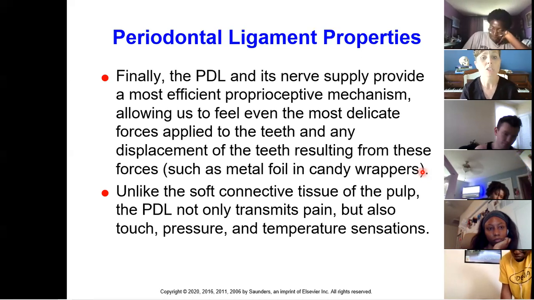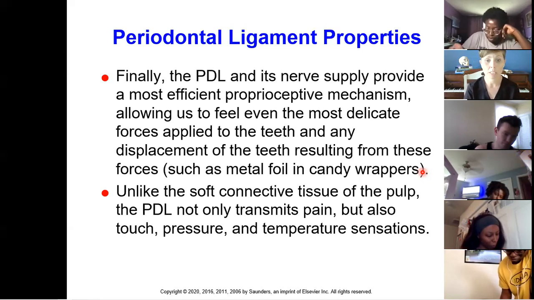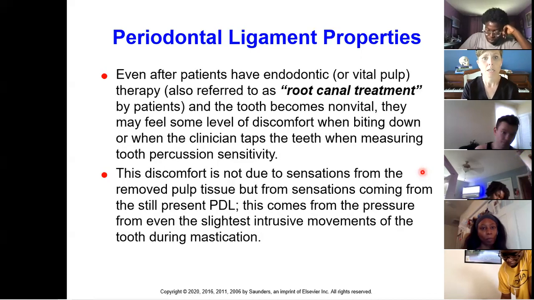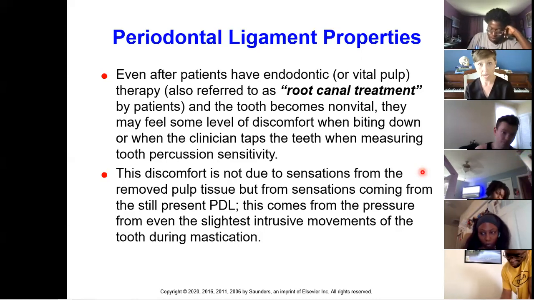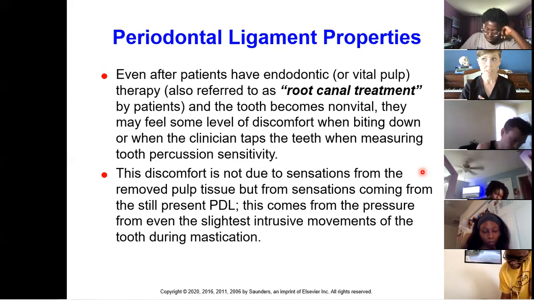So unlike the soft connective tissue of the pulp, the periodontal ligament not only transmits pain, but also touch, pressure, and temperature sensation. All right, so even after patients have endodontic treatment, where they have the root canal, the pulp is removed and the tooth becomes non-vital, they can still feel discomfort biting down because of the periodontal ligament, because that's still viable.